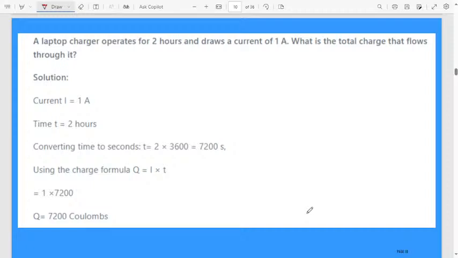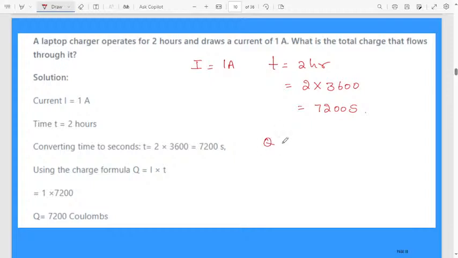Next one: a laptop charger operates for 2 hours and draws a current of 1 ampere. What is the total charge that flows through it? Here current is given as 1 ampere, and time is given in hours, so convert it into seconds. 2 into 3600 seconds is equal to 7200 seconds.